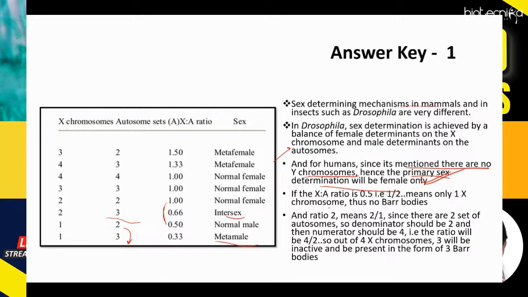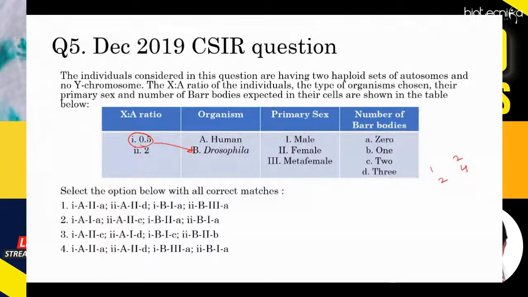Now, if the X to A ratio is 0.5, it means only one X chromosome is there. See, when it is 0.5, it will be 1 by 2, right? Or it will be 2 by 4, isn't it? Then only it will come to 0.5. That is the X to A ratio.